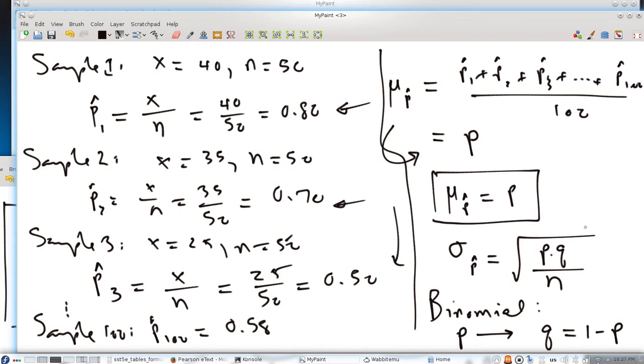Or in other words, you can also write P times 1 minus P under the radical and then all over n. So that's another way of writing it. So these are the two properties associated with the sampling distribution of the sample proportion.